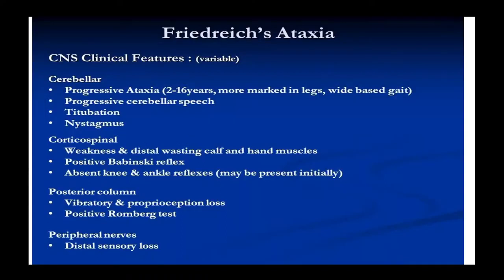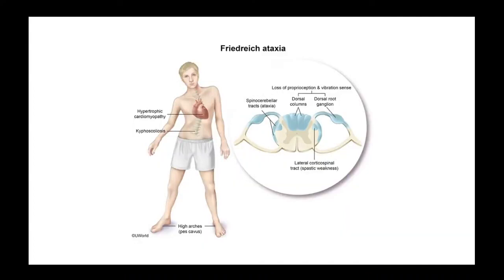Okay, students, we continue the lecture. So you see the symptoms of Friedreich ataxia. The specific symptoms of this disorder are damage of the spinal cord and brain.